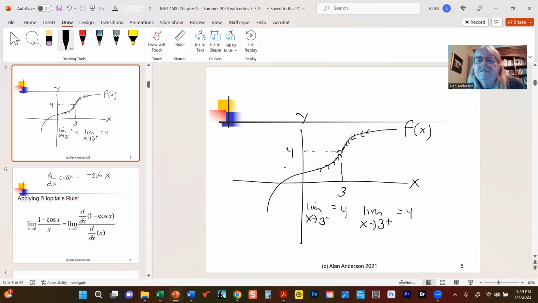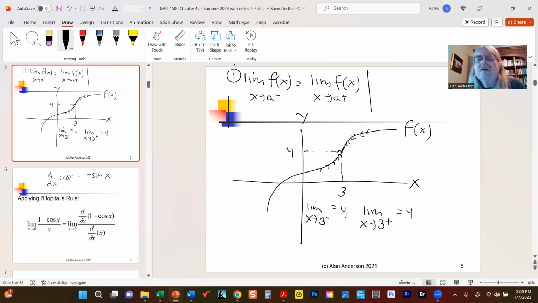So you might remember the two conditions we need for a limit to exist. Number one, the limit of f of x as x approaches a from the left must equal the limit as x approaches from the right. And we also require the function to be continuous everywhere.